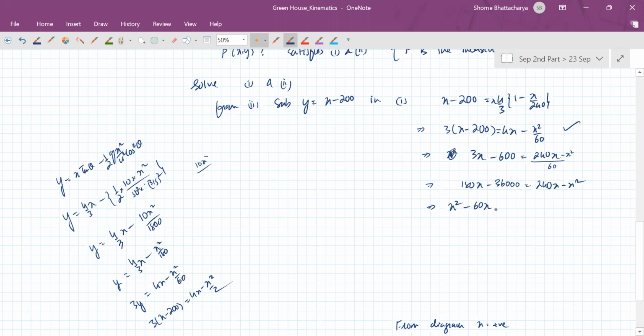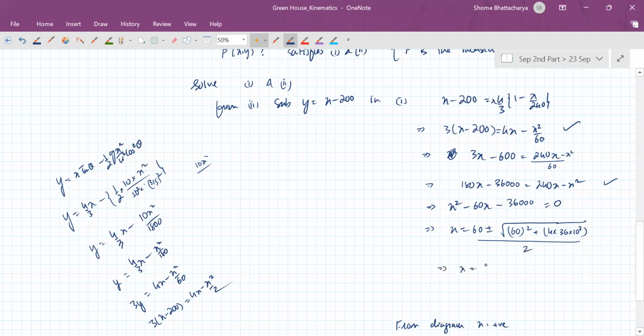Okay, so let's just complete the solution. So we are okay up to here, right? This step is correct. So we are taking this to this side. So x square minus 60x, that's correct, minus 36,000 is 0. So x is 60 plus minus square root of 60 square plus 4 into 36,000, divided by 2.